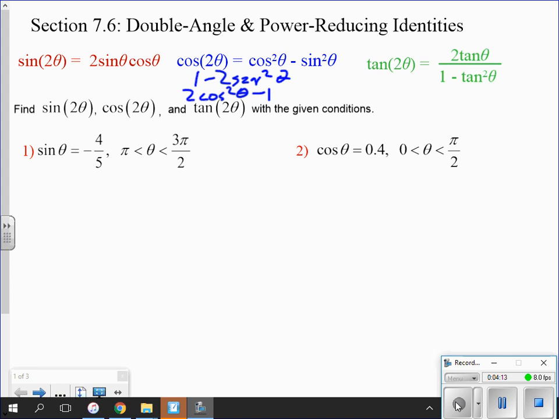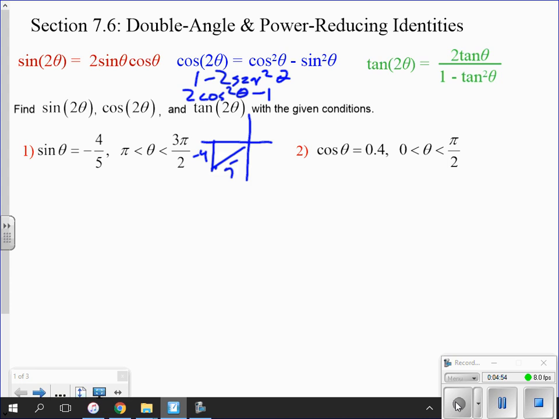So the first thing I'm going to do is use the information that's given and figure out the cosine and tangent. It tells me that the sine is -4/5 and the angle is between pi and 3 pi over 2. That's in quadrant 3. So what I'm dealing with here is a point that's here, -4, 5. The sine is -4/5, and it's between pi and 3 pi over 2, which means it's in the 3rd quadrant.